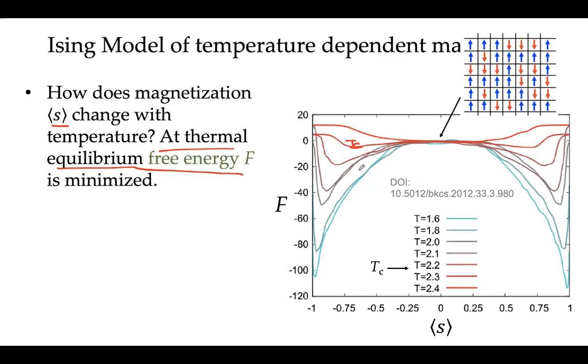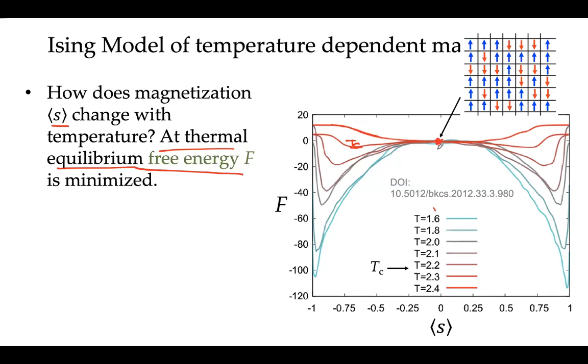For example, if you are at high temperature, let's say above TC, you are on this curve. This is the free energy. At high temperature, everything is randomized, so there's really no magnetization. You can see that if you minimize this curve, the minimum occurs somewhere here. This is the free energy minimum.